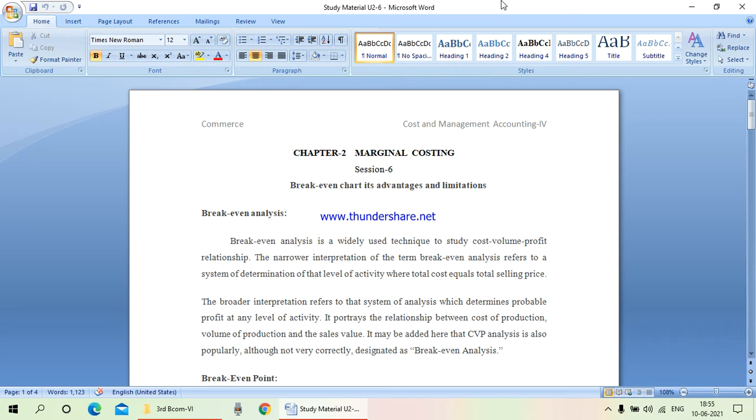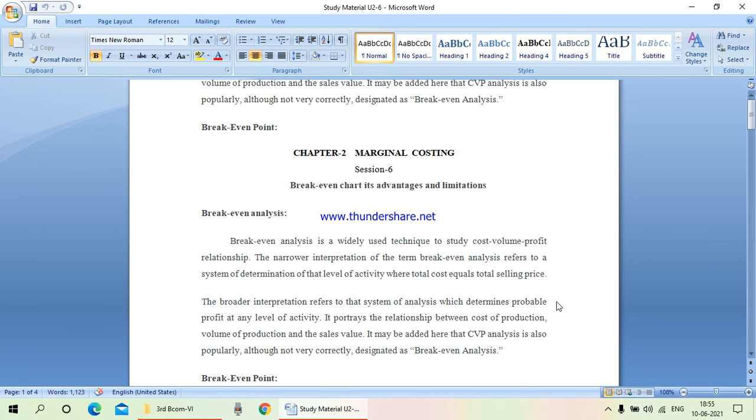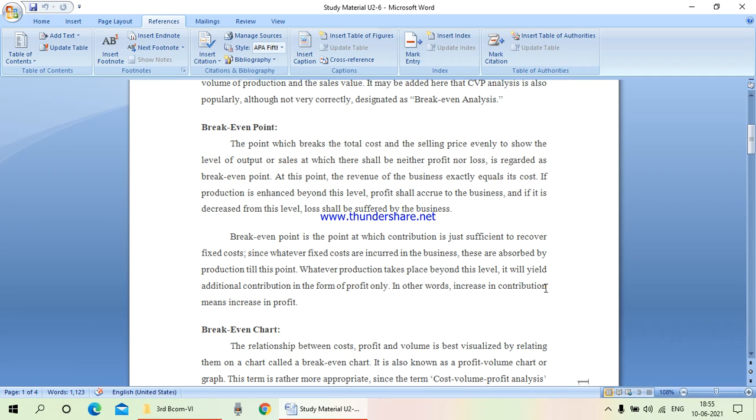It portrays the relationship between cost of production, volume of production, and the sales value. Cost-volume-profit analysis is also popularly, although not very correctly, designated as break-even analysis.